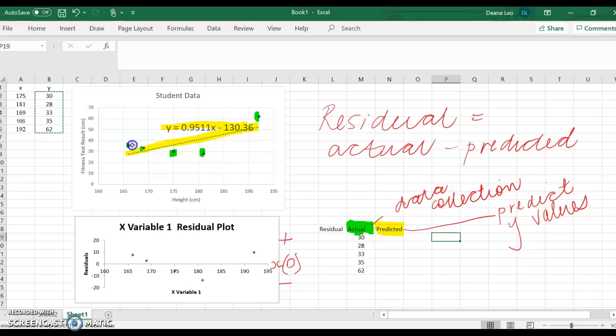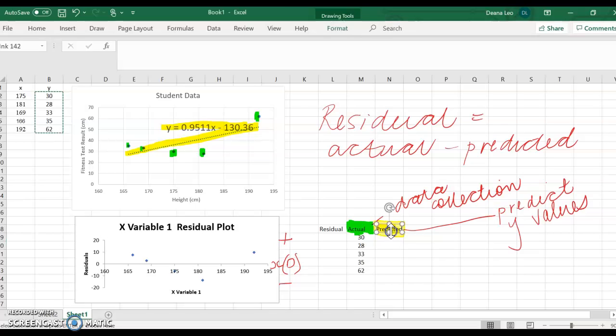Is your actual result close to what the prediction would be using a mathematical formula, or is it not close? And you can see that some are a lot closer to the prediction than others, or you could say some of our outcomes, which are the green, are closer to the prediction than others, or the prediction is closer to the green dots than others. So that's what we're looking at closely here today.